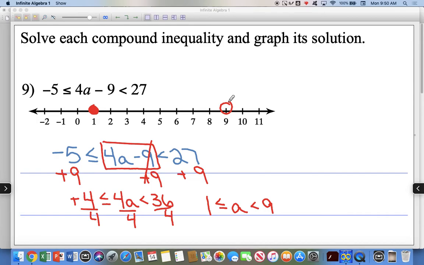If we just look, is A bigger than 1 or less than 1? Bigger. A is bigger than 1. Bigger than 1 really means go this way. Is A bigger than 9 or smaller than 9? Smaller. Where's the area where it works for both, where it overlaps? In between. So then we shade right in between.